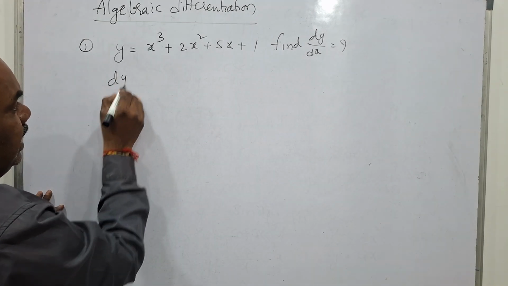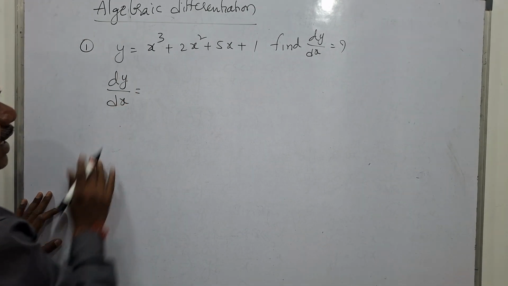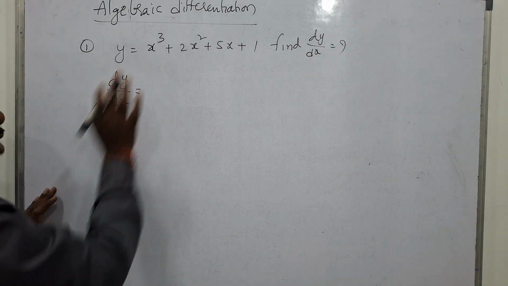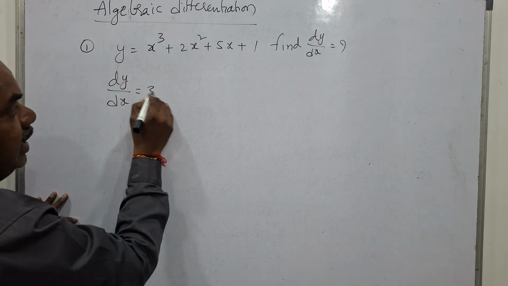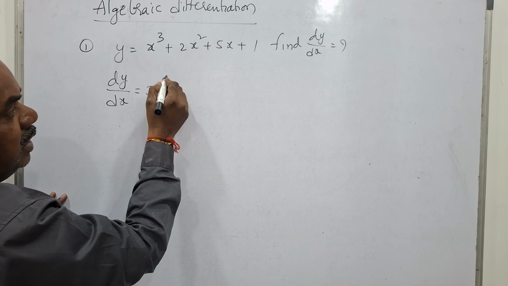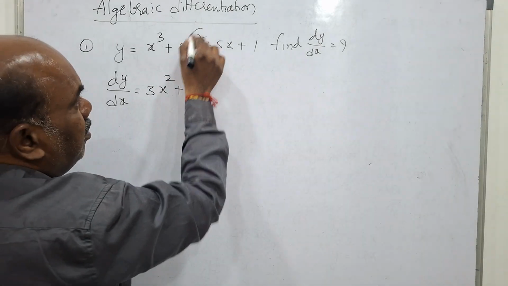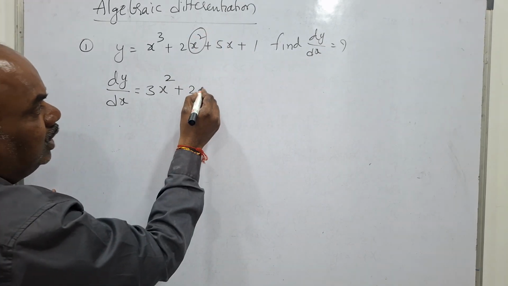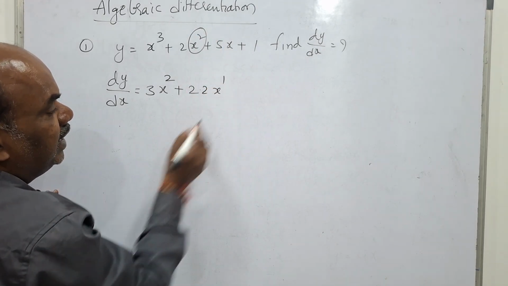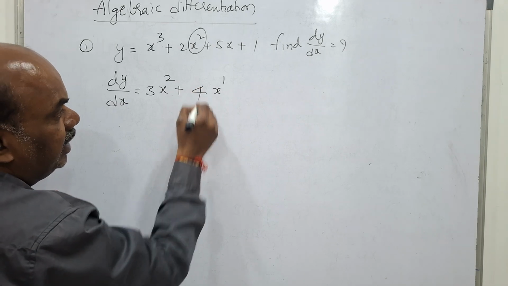You can write it as dy by dx. Directly I am writing. Simple, it is in the form of x power n, beta: n into x power n minus 1. 3 minus 1, 2. 2 into, this is in the form of x power n, n into x power n minus 1. 2 minus 1, 1. 2 2s are 4. Directly I am writing.